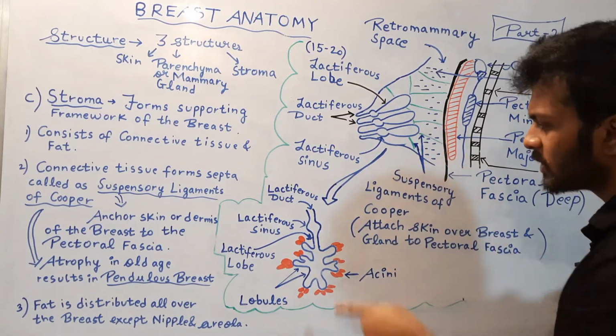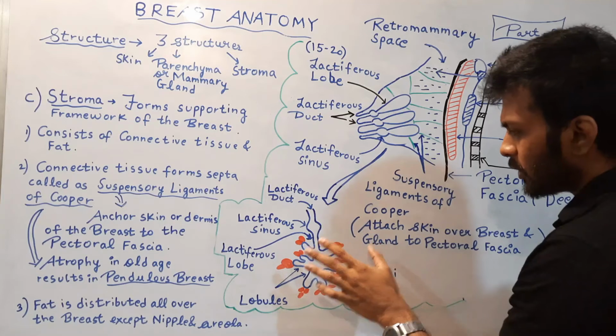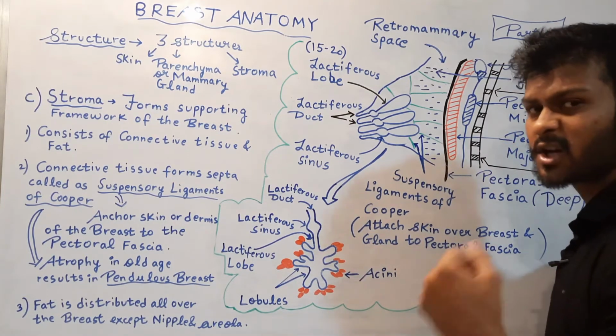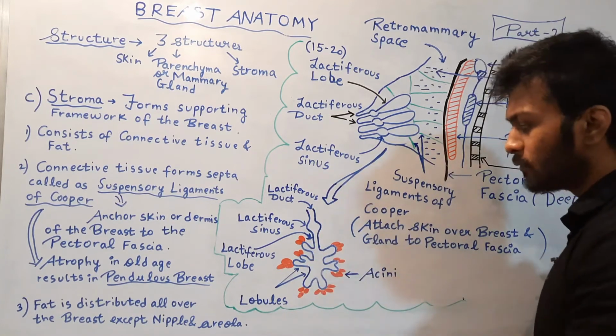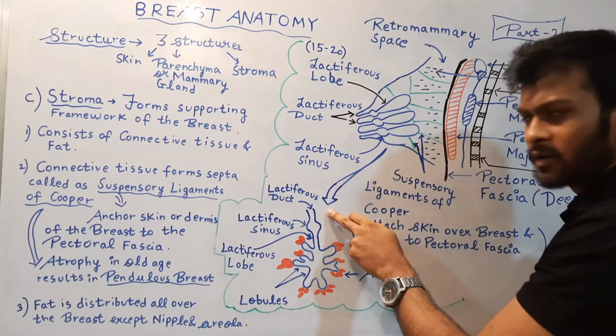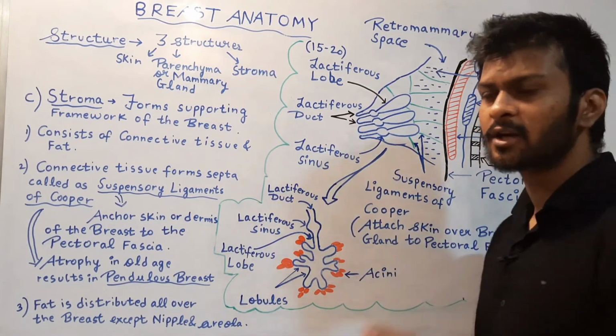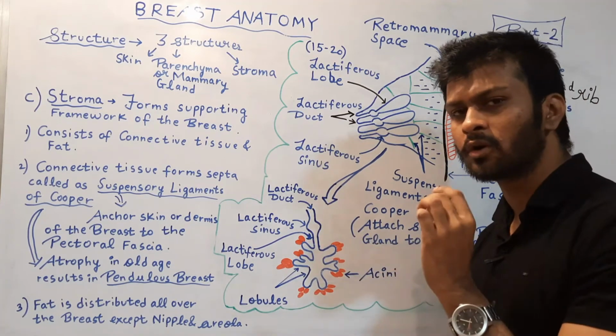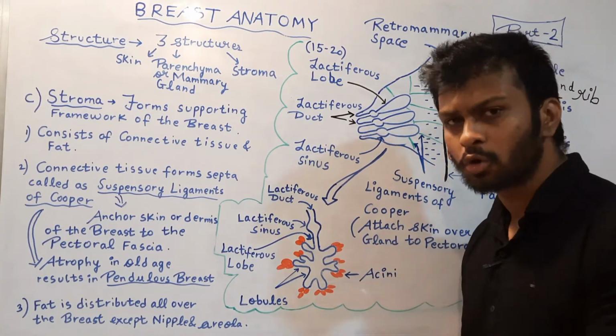Each lactiferous lobe is divided into lactiferous tubules. Lactiferous tubule will consist of cluster of acini or alveoli. At the termination of lactiferous duct, we will see small expansion or dilation known as lactiferous sinus. This lactiferous sinus is the reservoir of milk where the milk is stored.